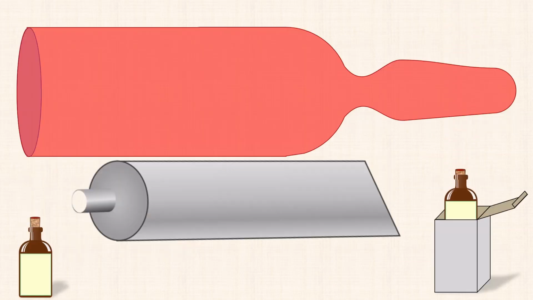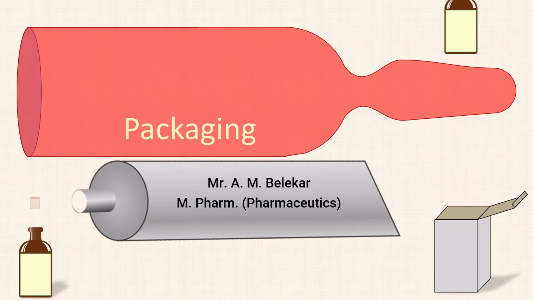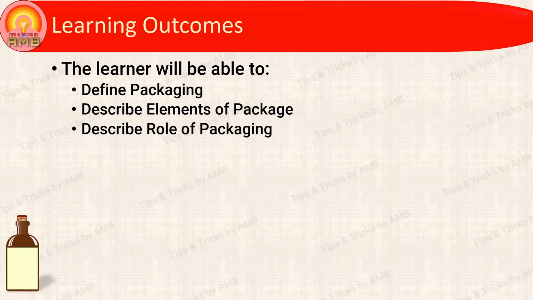Hey friends, I am Amit Belekar and let's discuss the concept of packaging. After going through this video, the learner will be able to define packaging, describe the elements of a package, and describe the role of packaging.